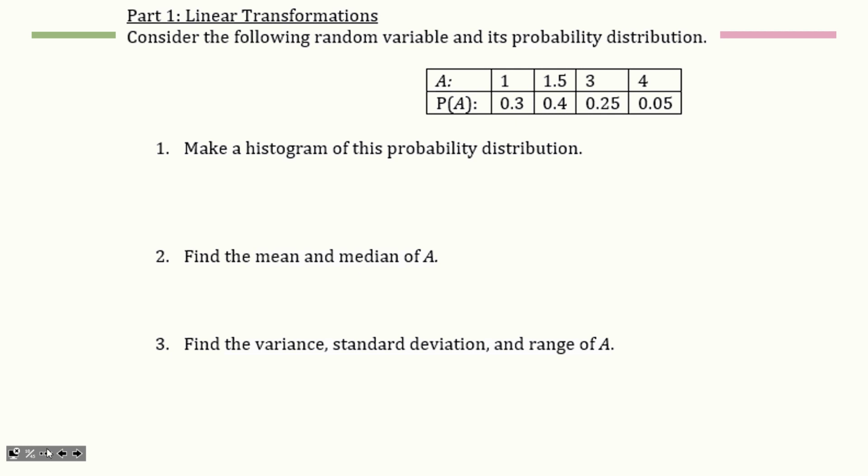I have a random variable A and its probability distribution. The first thing I asked you to do was make a histogram of the probability distribution. If I were to make a histogram, I would start with the values of A, and here's my number line, 1, 2, 3, 4, and my probabilities go over here.